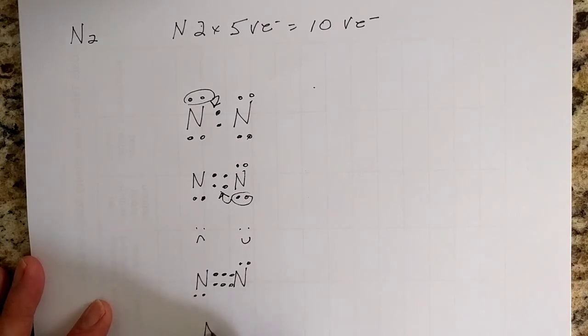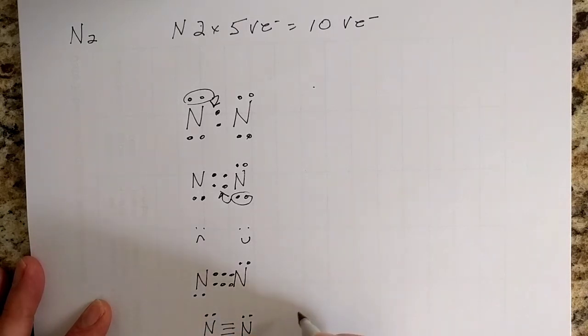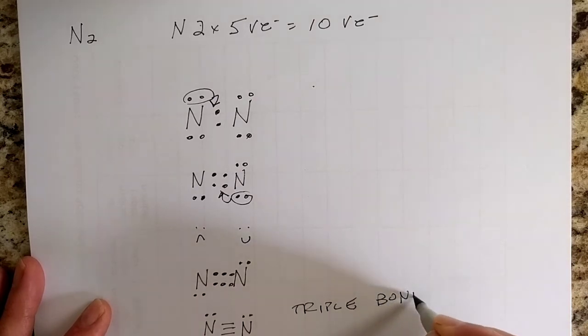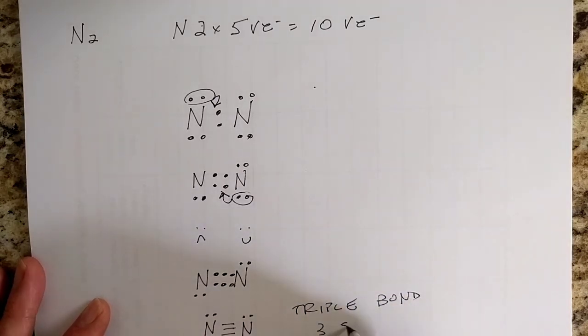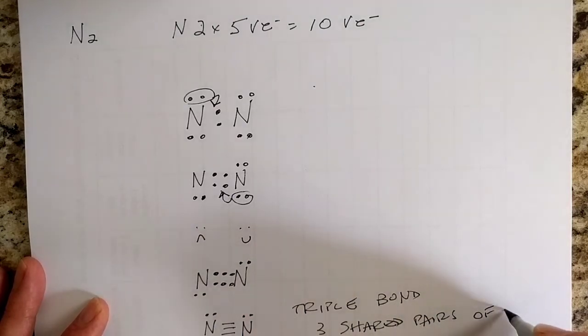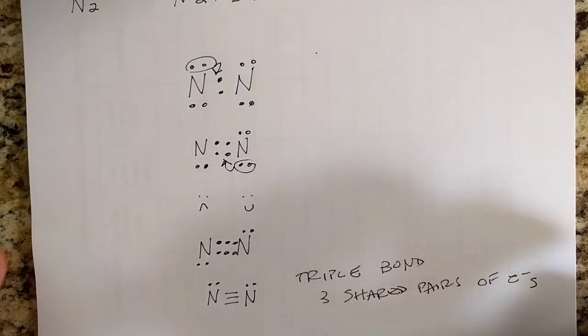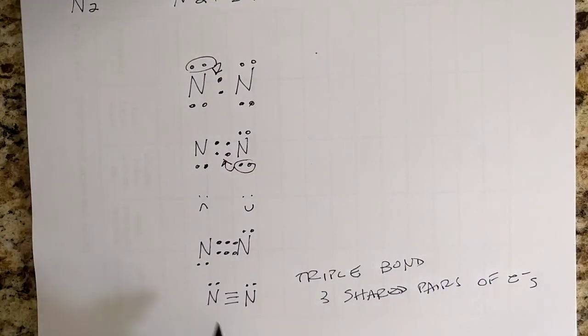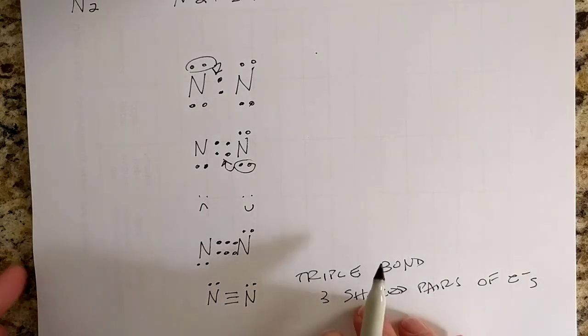So now we have a triple bond between the nitrogens. So we have 3 shared pairs of electrons. And each nitrogen has the octet, 2, 4, 6, 8, 2, 4, 6, 8. So everyone is good there.